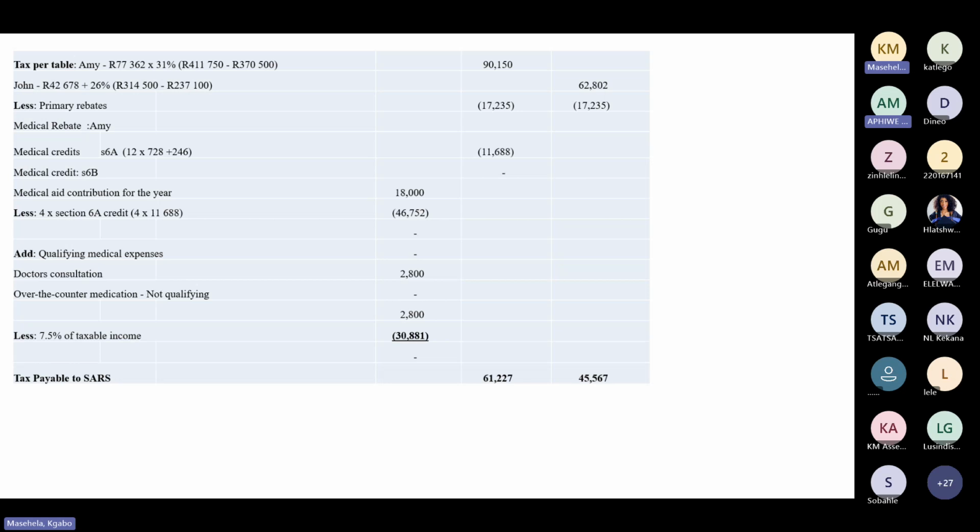Okay, in the chat I can explain it nicely. Section 10C exemption. Guys, look at that exemption. I'm still with you. I'm sure you've got something to say again, Apiwe.